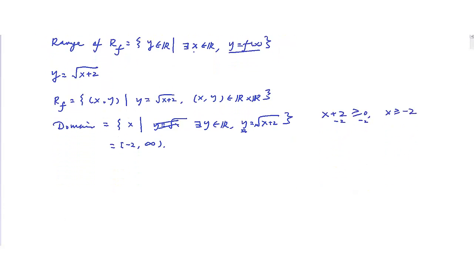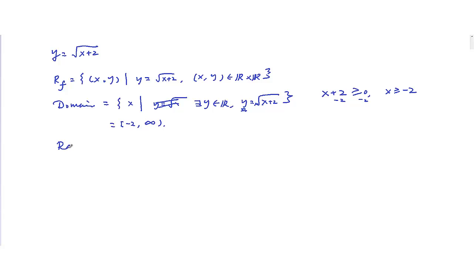And then for the range, the definition will be all y such that there is an x satisfying y equals square root of x plus 2. Not every real number can be in the range, only the real numbers for which you can find an x so that y equals this.